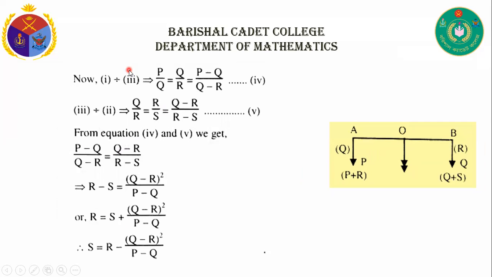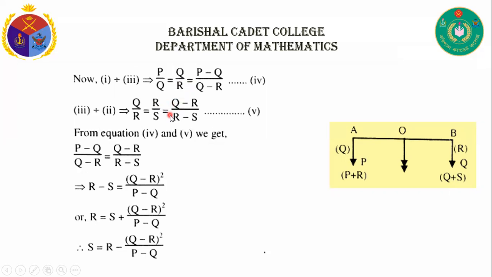Now we divide 1 by 3, then we can write P/Q = Q/R = (P − Q)/(Q − R). And 2 divided by 1 gives Q/R = R/S = (Q − R)/(R − S). From these two we get, taking the ratio formula.